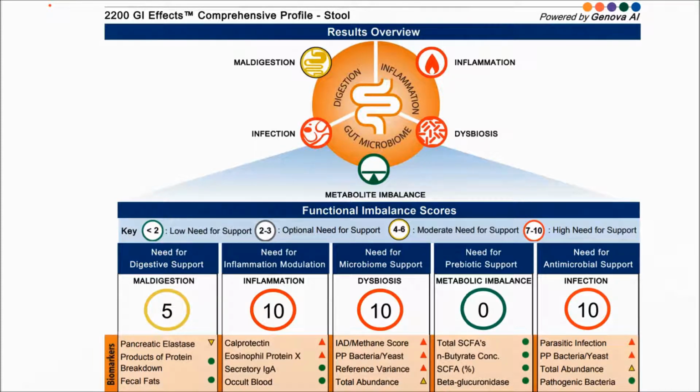This is way more robust and way more complex than any basic stool culture in the traditional medical model will give you. So that was the first test I wanted to review on this podcast.